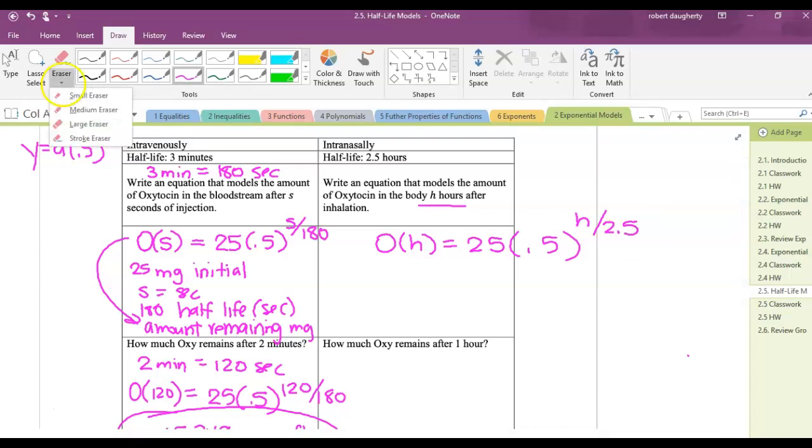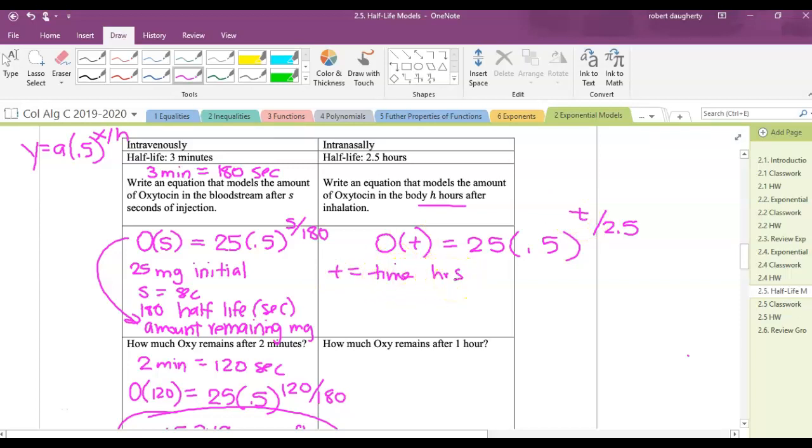It may be confusing here with the H's. Let me just make that a T. It's probably a better thing to do. So O of T, so T over 2.5. So here, this variable T represents time in hours, and 25 is my initial milligram, and then O of T, that's going to be my amount, future amount in milligrams, okay? And my half-life was 2.5 hours.